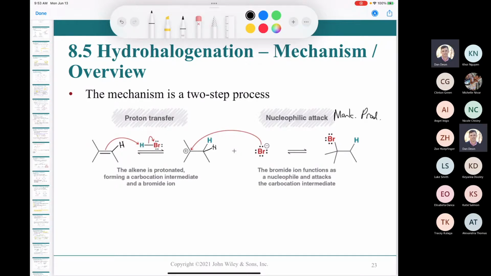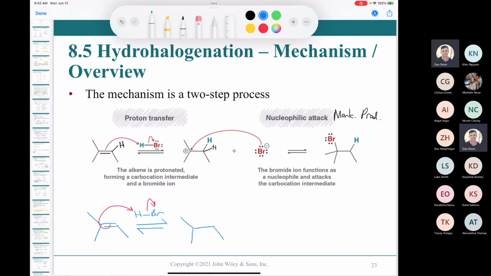Now, what would happen if it was anti-Markovnikov, which it's not? I'll write it in blue. This is what would happen. If I draw the alkene, here's my proton transfer step. Now I'm going to draw it so that the proton is going on the more substituted carbon. So this would be anti-Markovnikov. This is an incorrect mechanism. I'm saying if this happened hypothetically, what would we get?